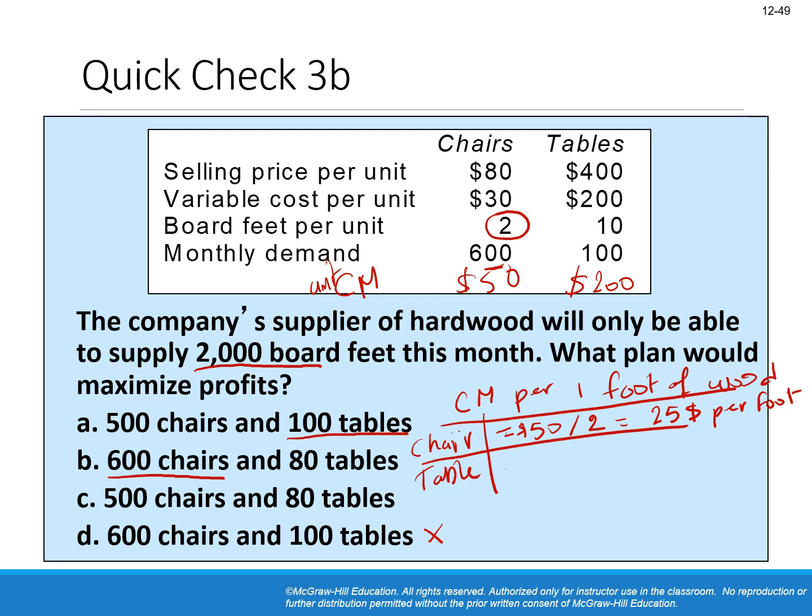As for the table, it's the $200, which is the CM, divided by 10. It takes me 10 feet of wood to manufacture a table. And this is yielding $20 per foot of wood. Therefore, chairs should be prioritized, and whatever is left from wood will be allocated to the tables. Thus, the optimal combination is B.